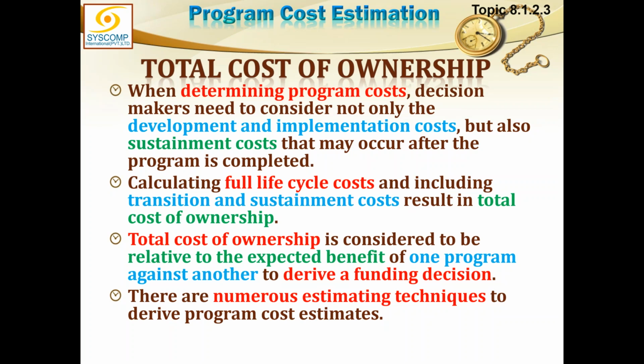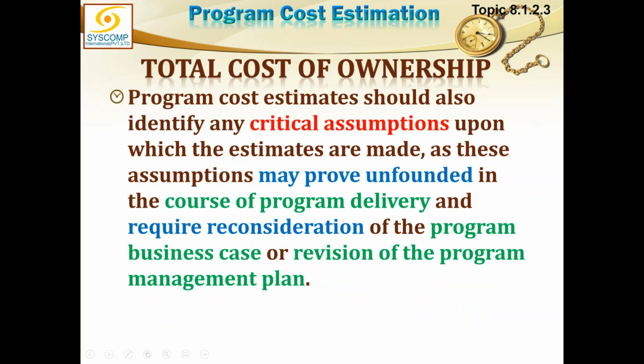There are numerous estimating techniques to derive program cost estimates. Program cost estimates should also identify any critical assumptions upon which the estimates are made, as these assumptions may prove unfounded in the course of program delivery and require reconsideration of the program business case or revision to the program management plan. So that can happen.